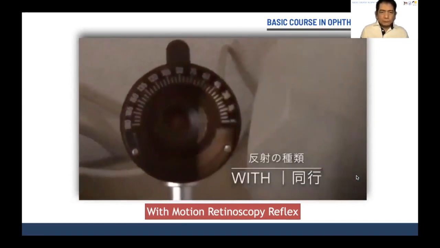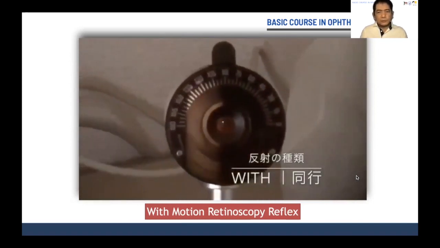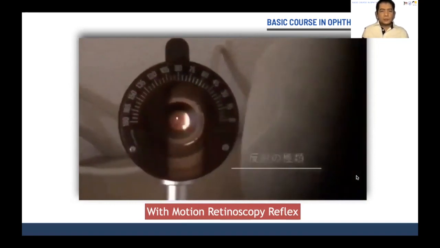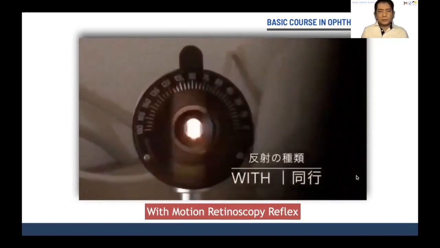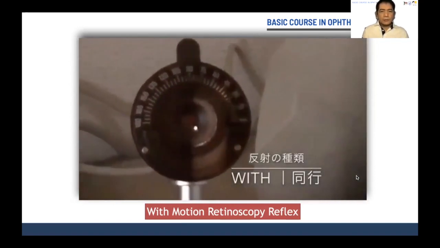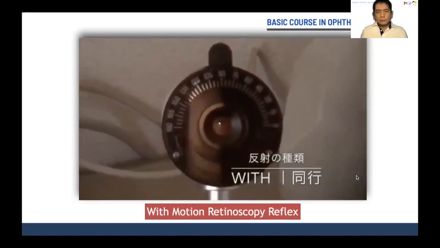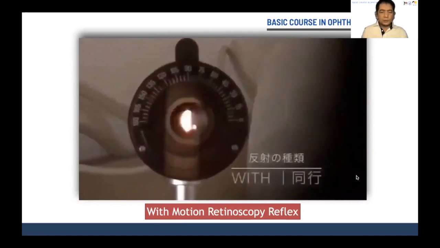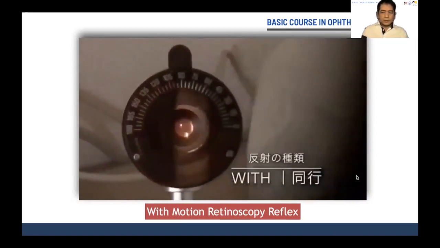If your retinoscopy reflex goes with the movement of your streak, meaning when you move your streak to the right, the reflex moves to the right, that is a with motion retinoscopy reflex.